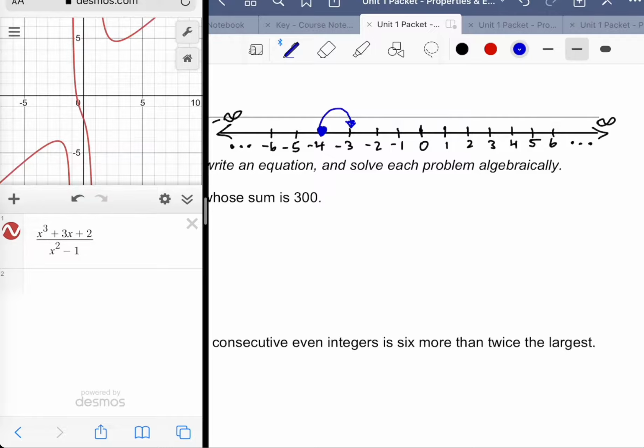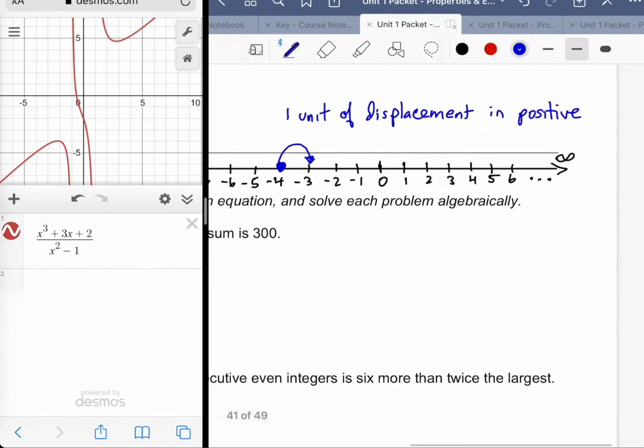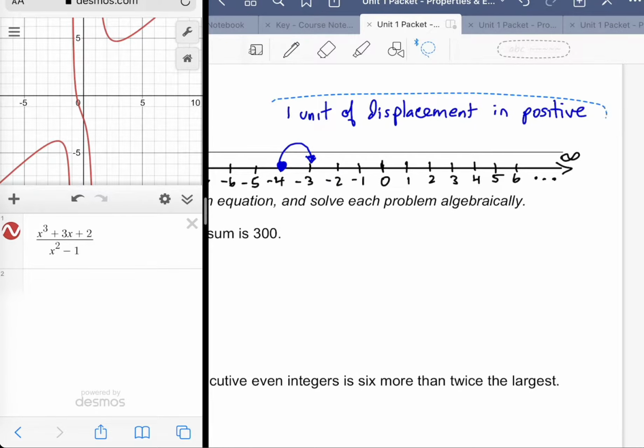What you need from this is the idea that that is a displacement of a +1 unit. One unit of displacement in the positive direction.